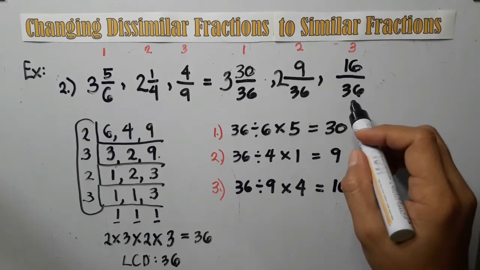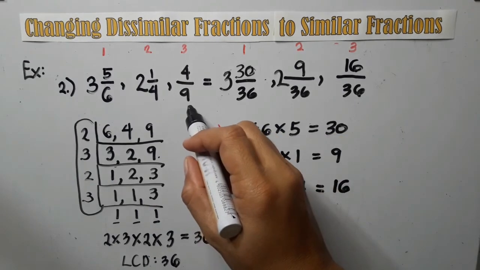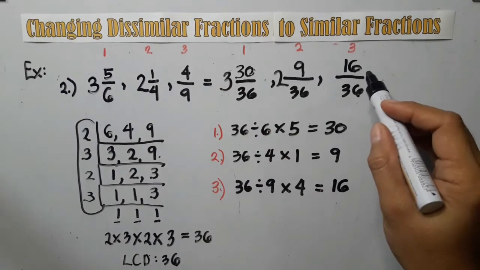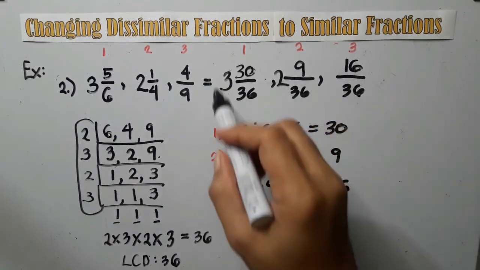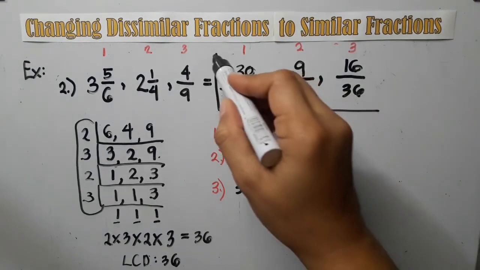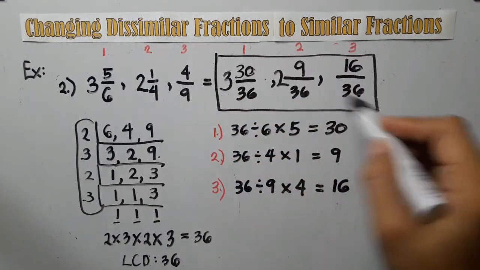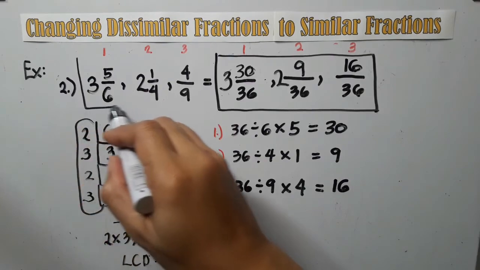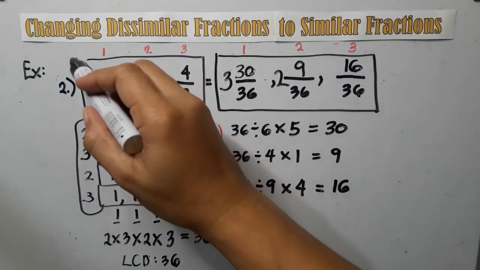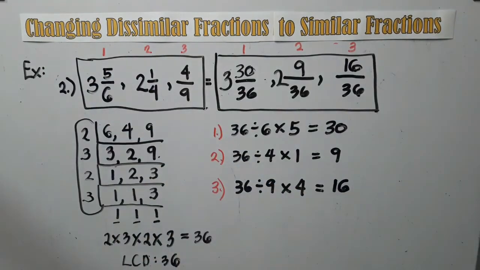That is 36 divided by 9 is 4 times 4. So, the answer is 16. So, this is now the similar fractions of our given fractions here.